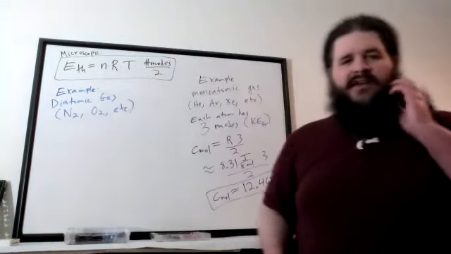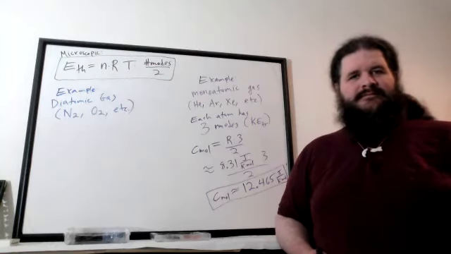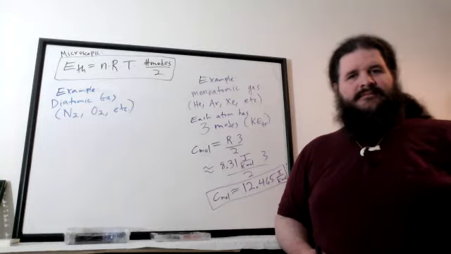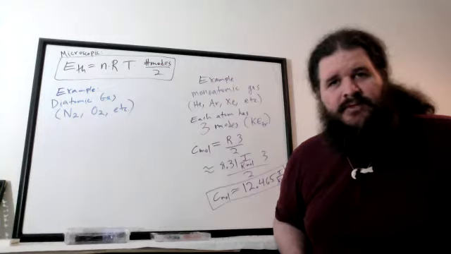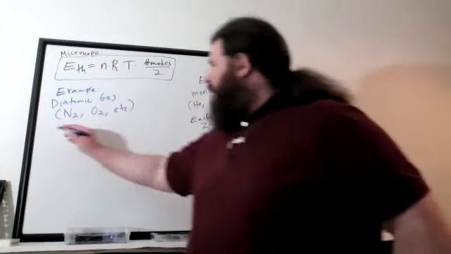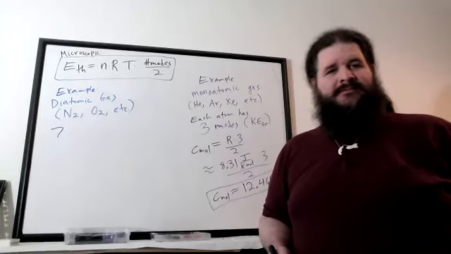How many modes would we expect that to have? Total. What was that? 7. It could have up to 7. Under what circumstances would it have actually all 7 of them?